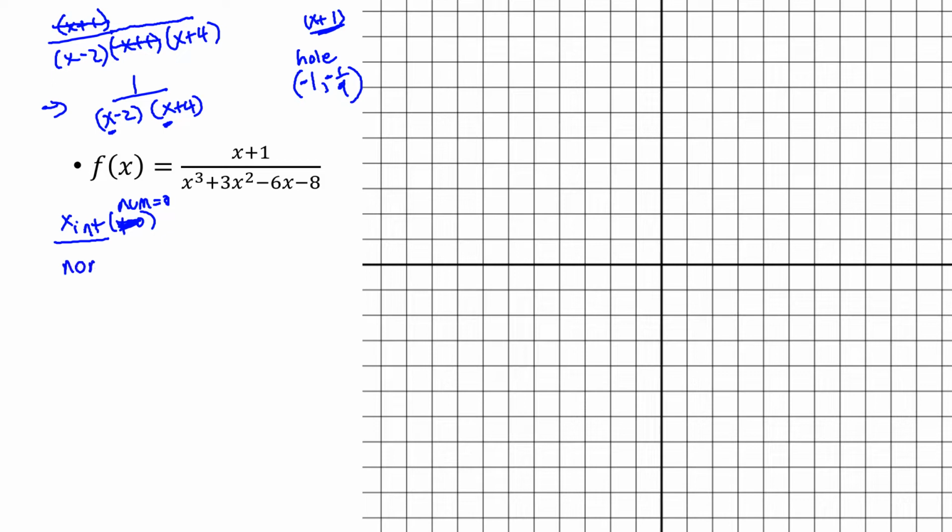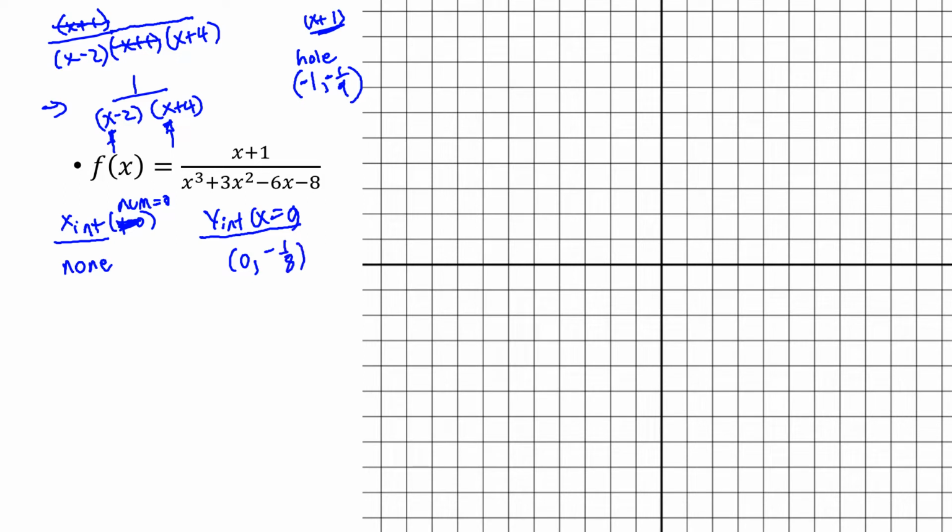So there is no x-intercept. What about the y-intercept? To get the y-intercept, we're going to make all the x's equal to 0. So if we change these x's to 0 and work it out, what would we end up having? Well, we would end up with 0, negative 1/8.